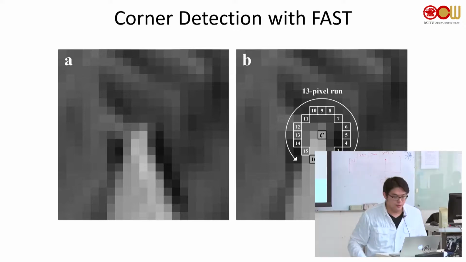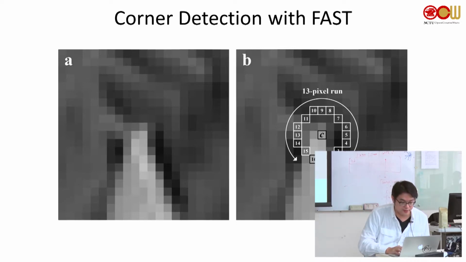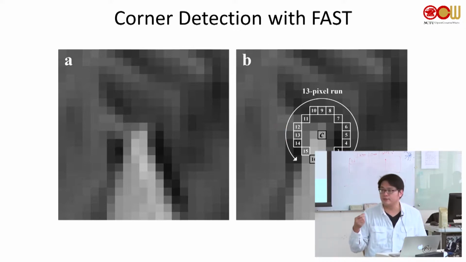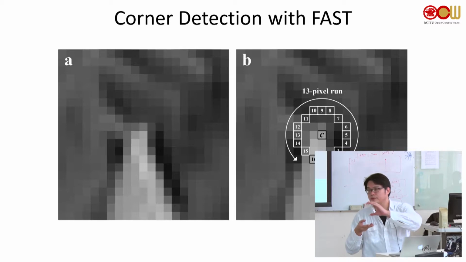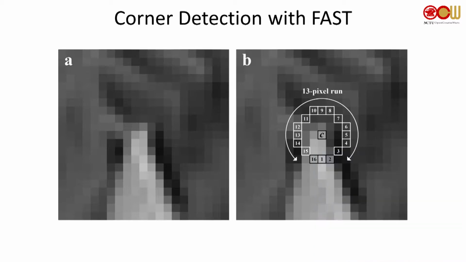If we encode those tests as one string of zeros and ones, what will this look like? This is C, and we test the intensity value, and we want it to be within a threshold. Suppose within the threshold, we call it 0. For example, this one is like a black one, and we set it to 1.